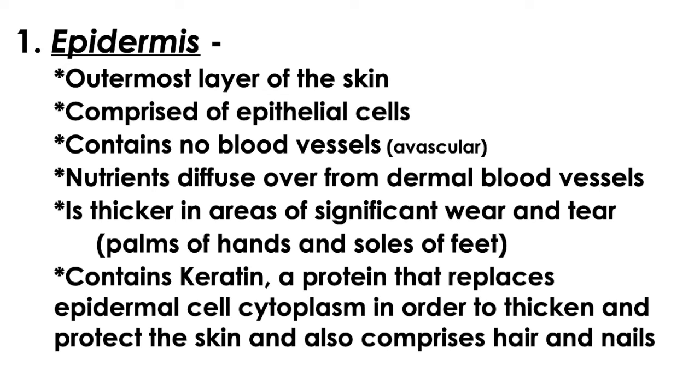The epidermis is comprised of epithelial cells, these cells that line the body. The epidermis doesn't have any blood vessels, so it is avascular, meaning no vessels. Nutrients will diffuse from the dermal blood vessels up into the epidermis to provide nourishment for it.